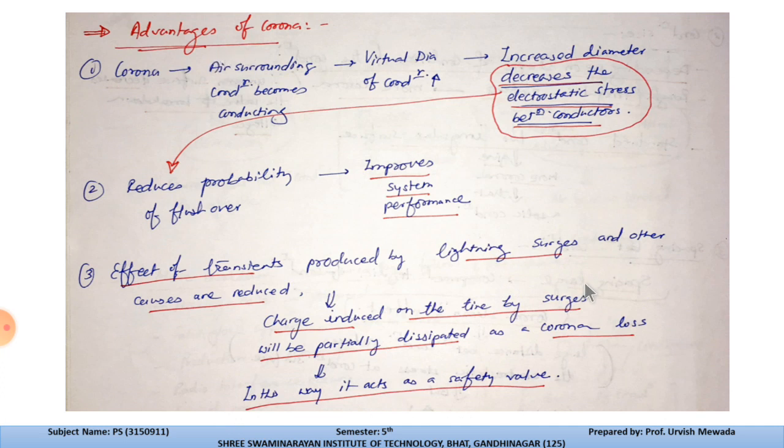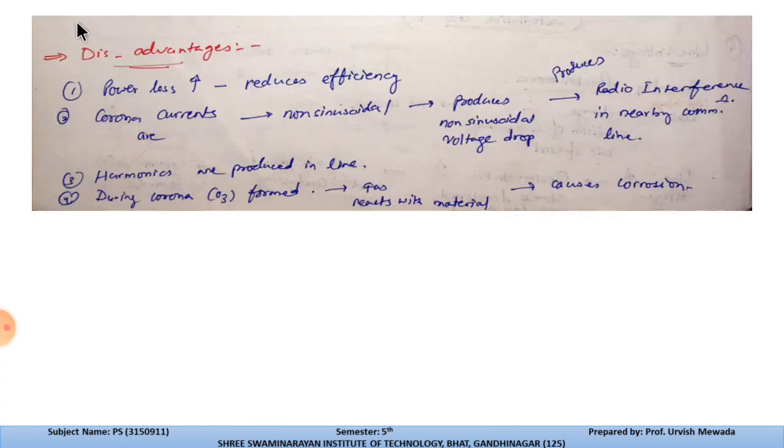From this we can say that corona is an advantageous phenomenon, but corona has certain disadvantages also. If the corona appears, the power losses of the line will increase, and that will reduce the efficiency of the transmission line.